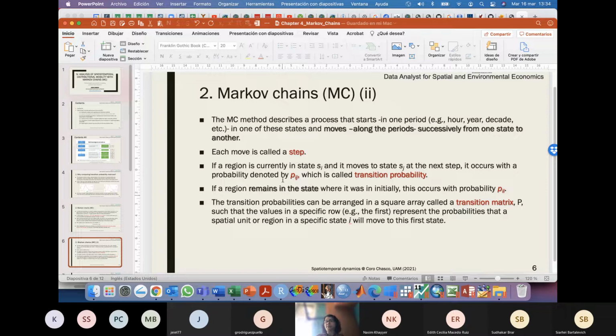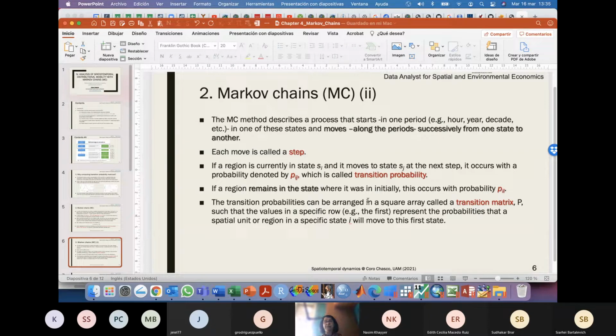Pij is a probability: the probability that a region or a spatial unit, whatever unit, is currently, at present, in a state Si, and moves to another state, Sj, at the next step, so at the next period.